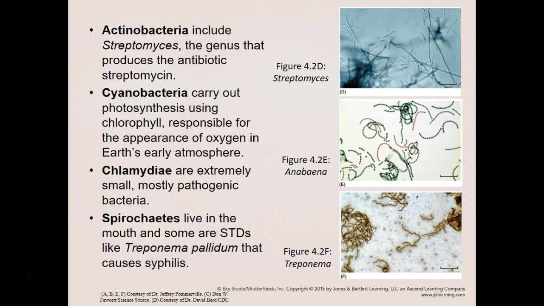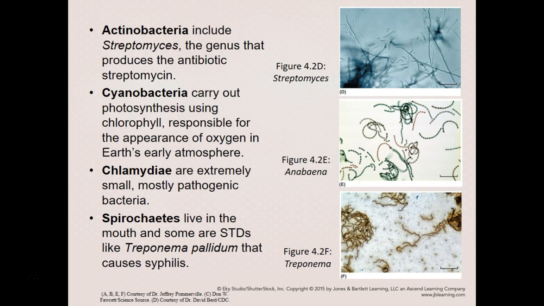Chlamydia are important because they contain very pathogenic tiny bacteria that have to live inside of your cells. So a lot of people look at chlamydia almost as if it were a viral structure because they can't function outside of the cell.